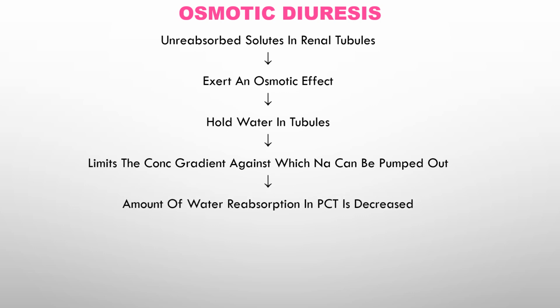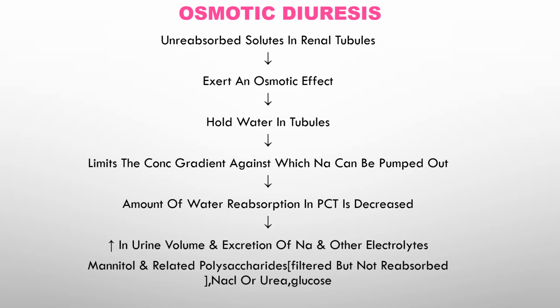The amount of water reabsorption in the proximal convoluted tubule is decreased. That increases the urine volume and excretion of sodium and other solutes. Mannitol and other related polysaccharides can be filtered, but they will not be reabsorbed.